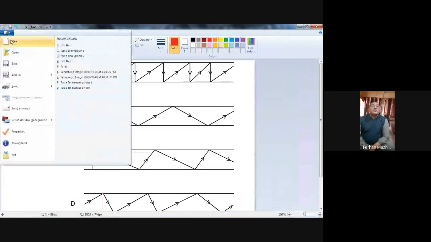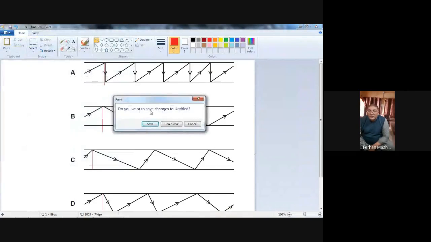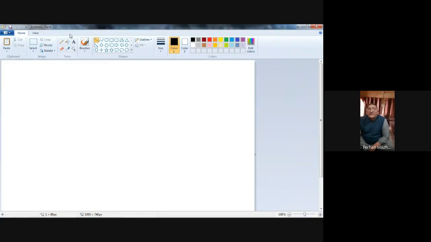Let me take a sheet. The formula is very simple. The refractive index n equals sin i divided by sin r.